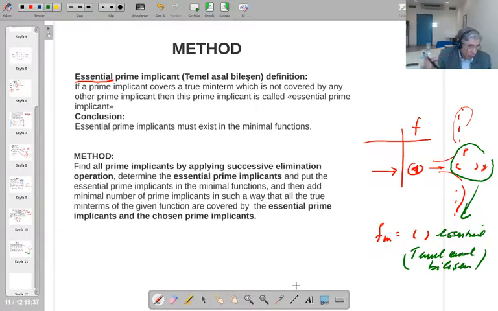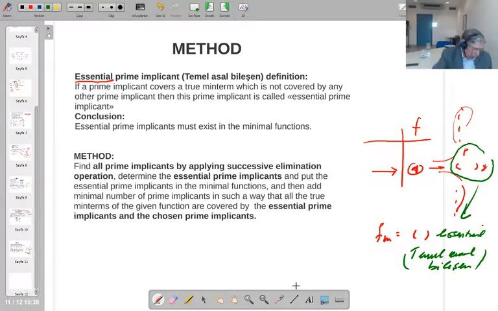So when you add a minimal number of prime implicants, it means you have found the minimal function, because in the definition of the minimal function we said we're going to have the minimal number of product terms. Among these product terms, prime implicants must be in, and the number of other product terms to be added should be minimal. That is the conclusion. So this tells me the method.